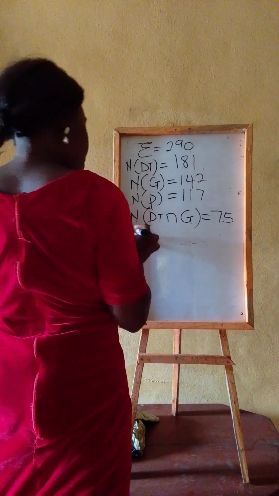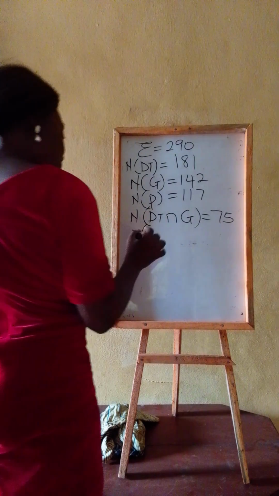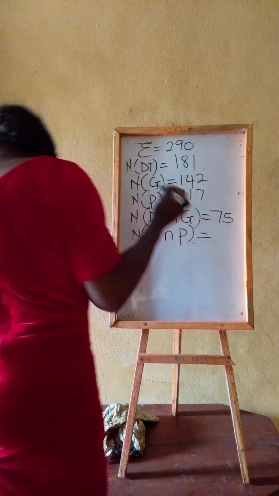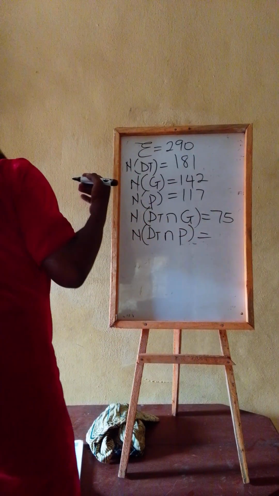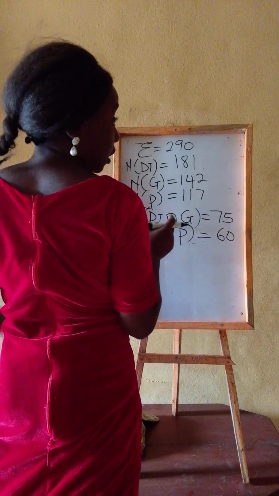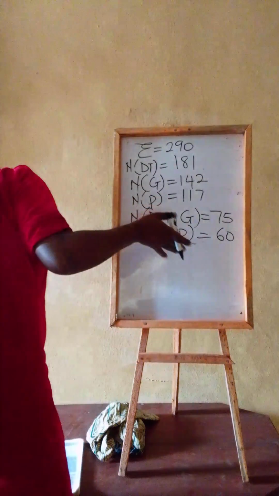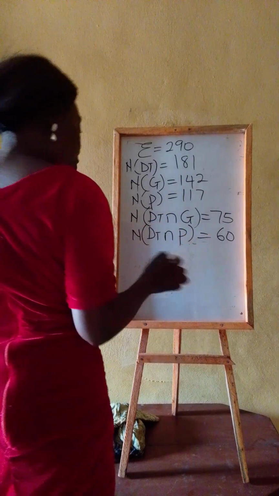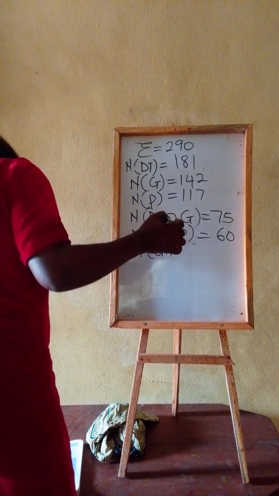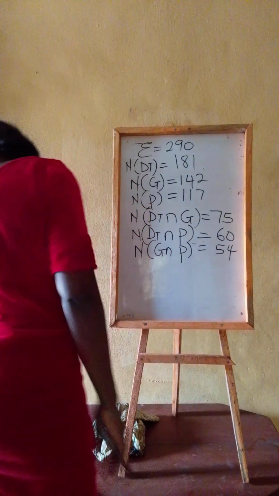Then for Daily Times and Punch, the number is 60. This intersection symbol means what is common to them. And 54 read Guardian and Punch. So we have 54.